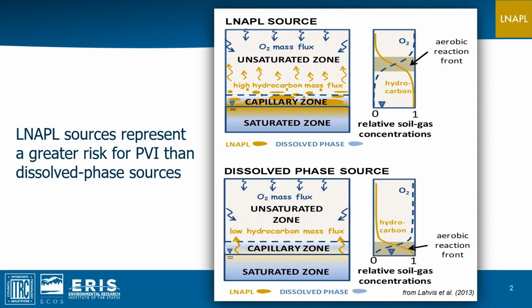That occurs because of the source vapor concentrations being higher, but also because LNAPL tends to get distributed above the capillary zone in more permeable regions of the vadose zone.